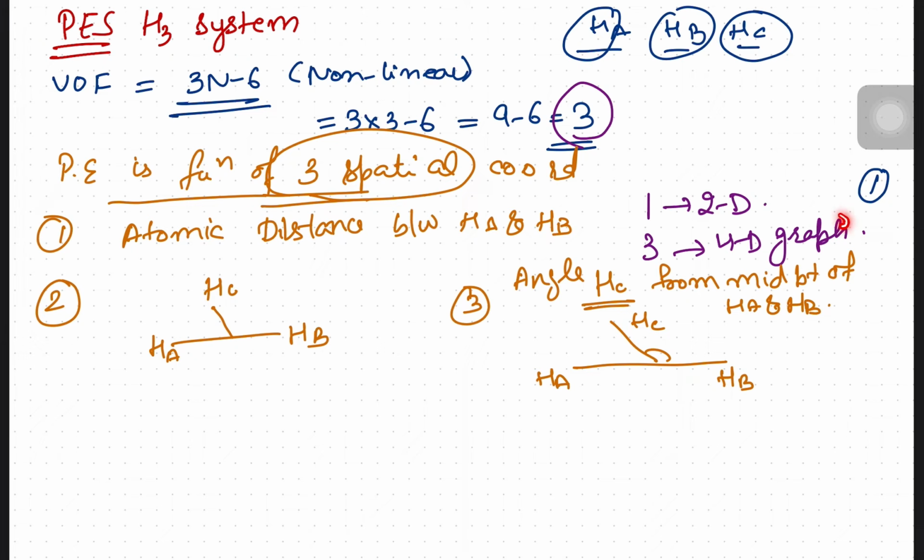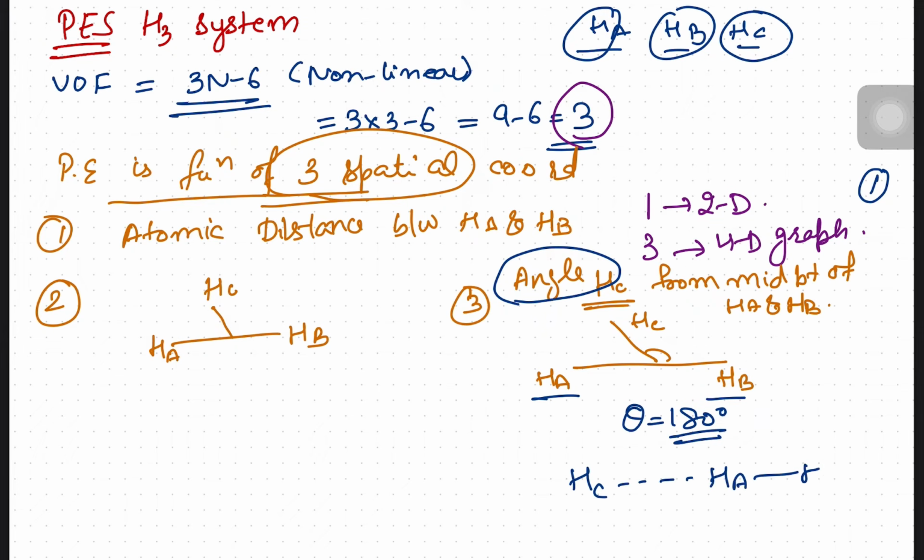Now it is not possible to draw a 4-dimensional graph, so out of these 3 we will consider 1 coordinate as constant. We will consider that the angle with which HC approaches HA and HB is 180 degrees. That is, HC is approaching in a collinear manner. I hope that is clear.